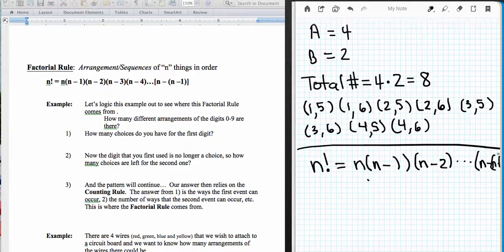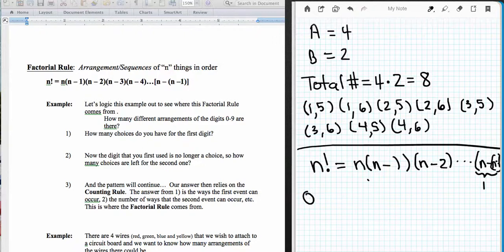That one tells us that we are now down to 1, essentially. So we have all the way down to 1. And these are what we call arrangements or sequences. So there's an ordering that is taking place that we have to pay attention to, sampling without replacement.